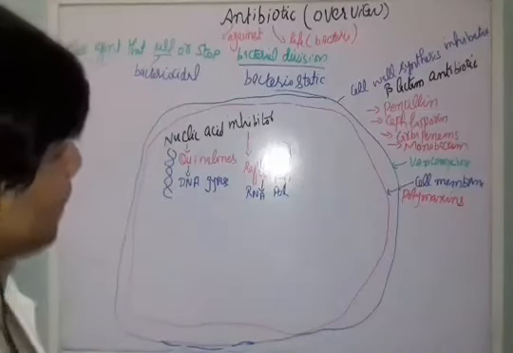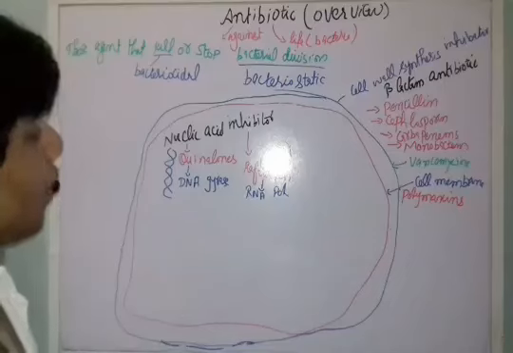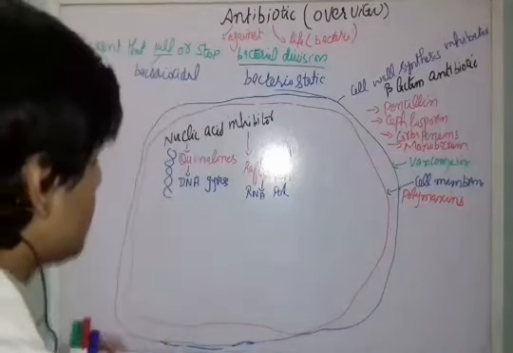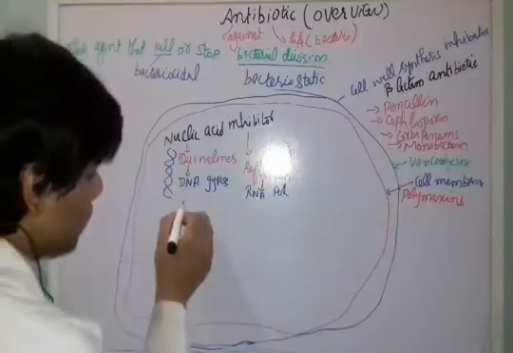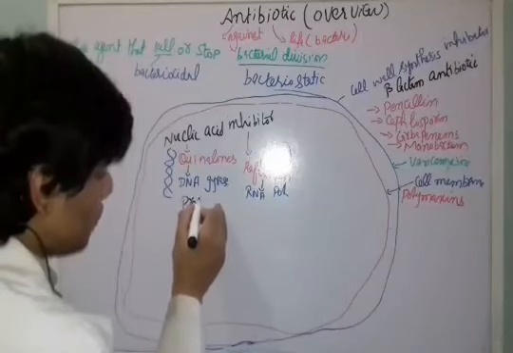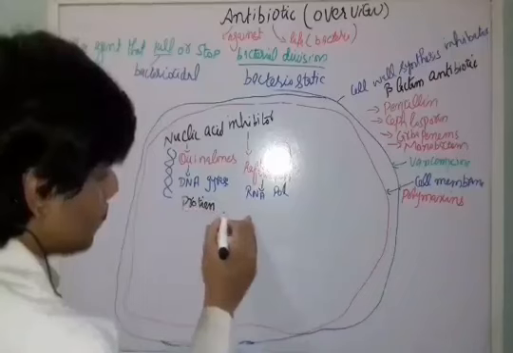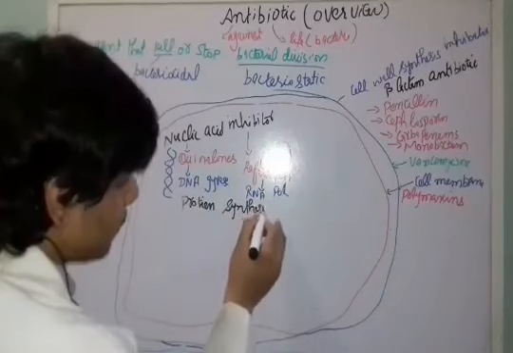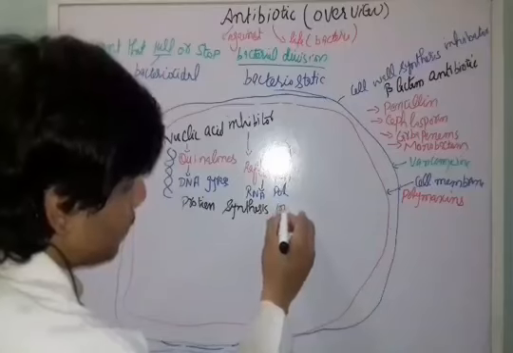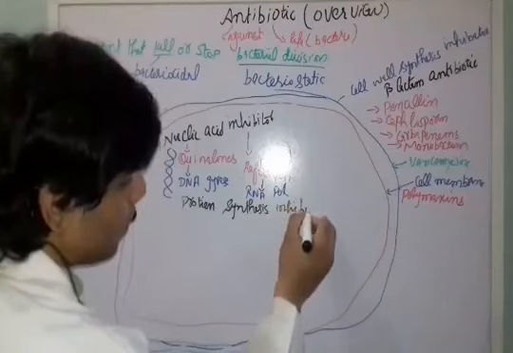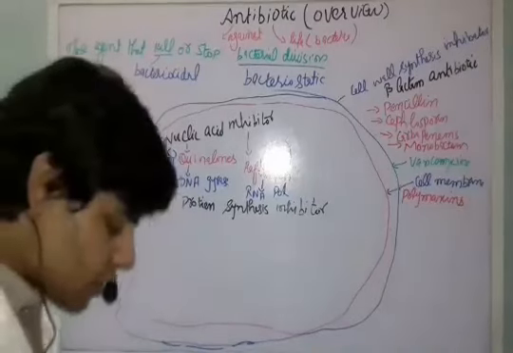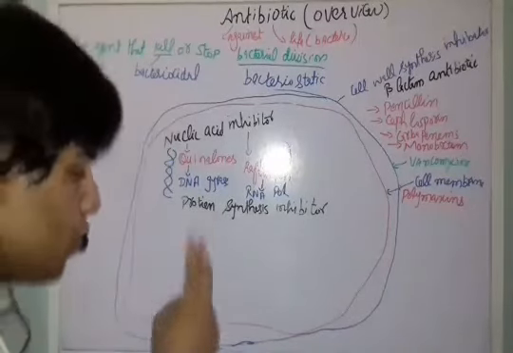Now there are some other antibiotics which interfere to stop protein synthesis. So let me write: protein synthesis inhibitor. The drugs which are used to stop protein synthesis are usually of two kinds.